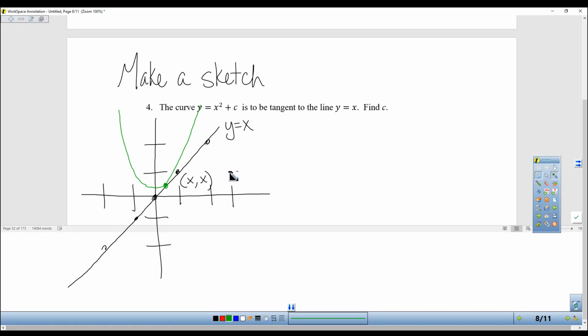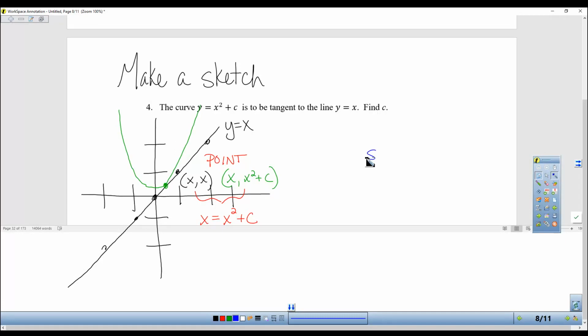But in terms of the parabola, if you knew x, then y would be x squared plus c. Putting these 2 pieces together, x is equal to x squared plus c. So just like a couple problems ago, identifying the point as being something that's on both the line and the parabola gives you the first in a system of equations.